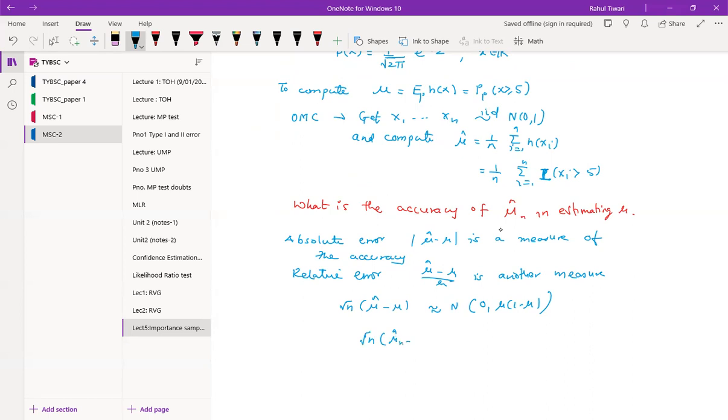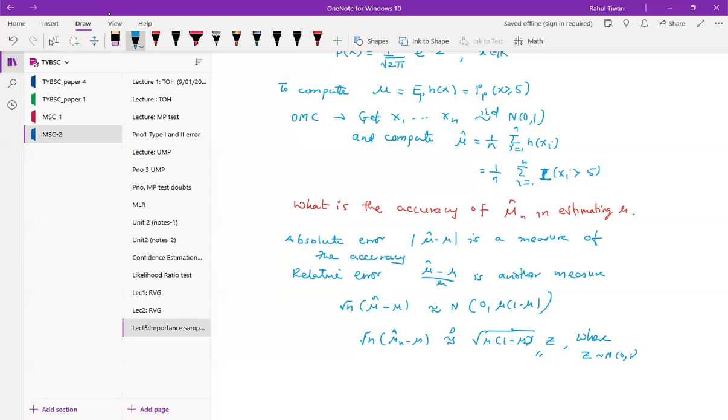So root n times mu hat n minus mu has the distribution of root of mu into 1 minus mu into Z, where Z follows normal with 0 comma 1. Okay, so we'll just stop here.